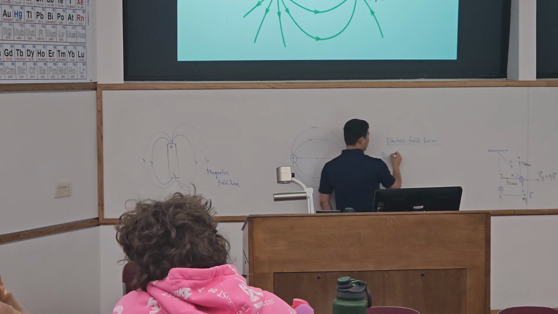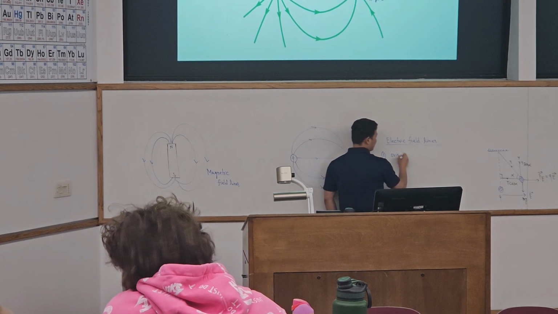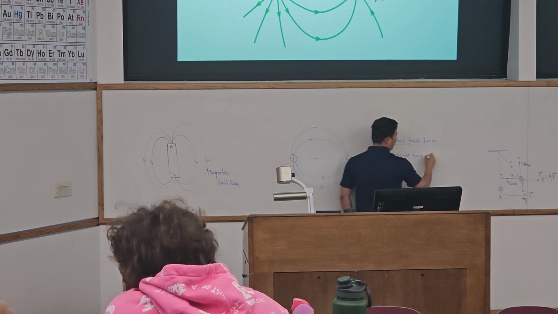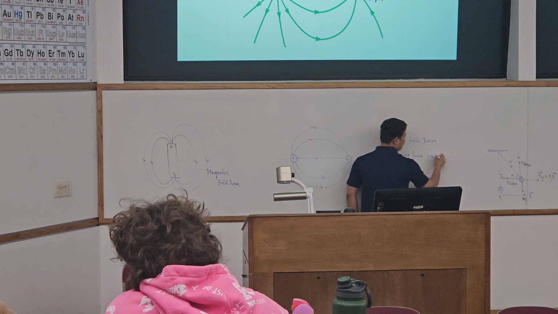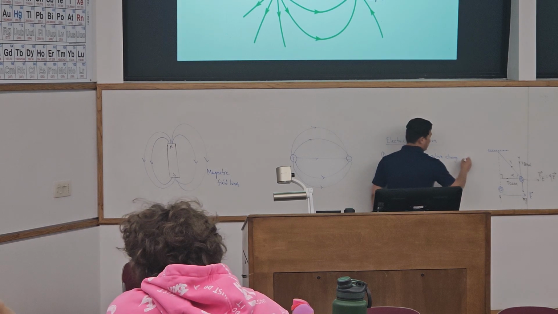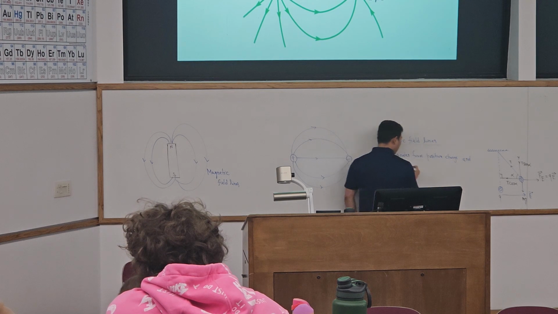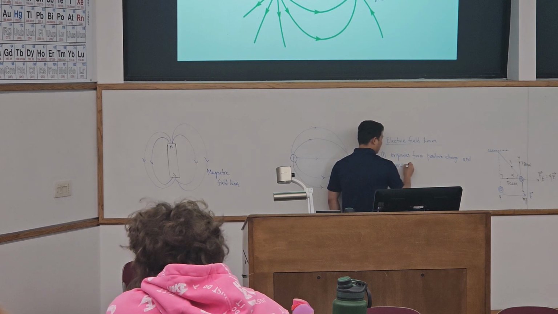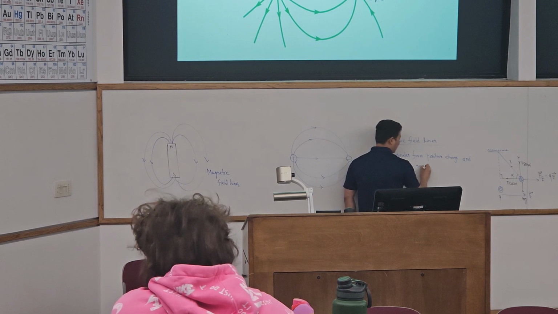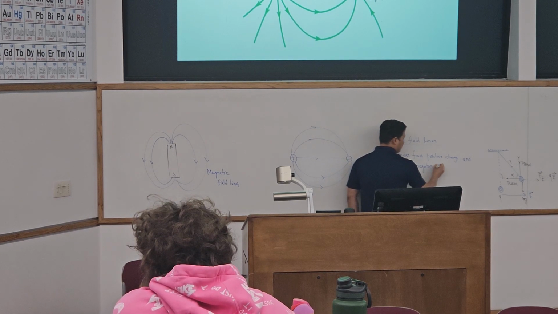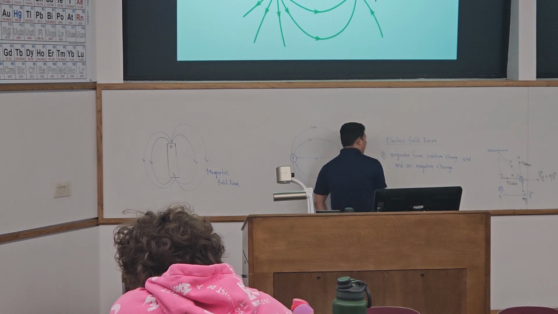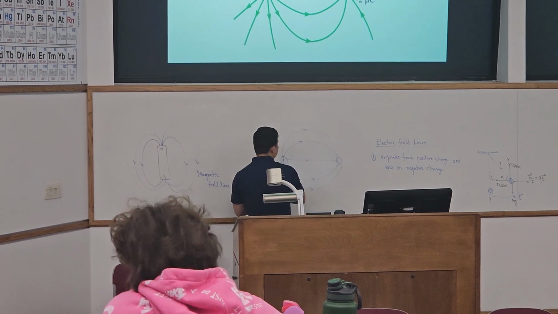Number one: they originate from a positive charge and end on a negative charge. So the positive charge is the source, and the negative charge is the sink. You start from here.